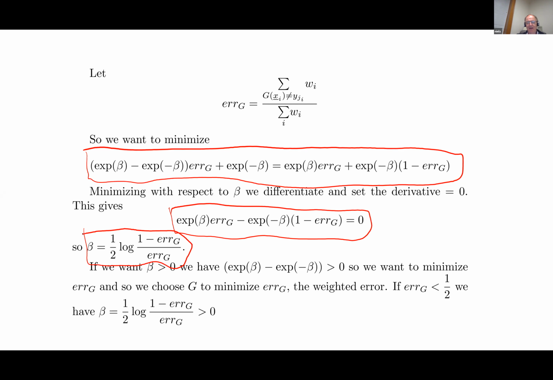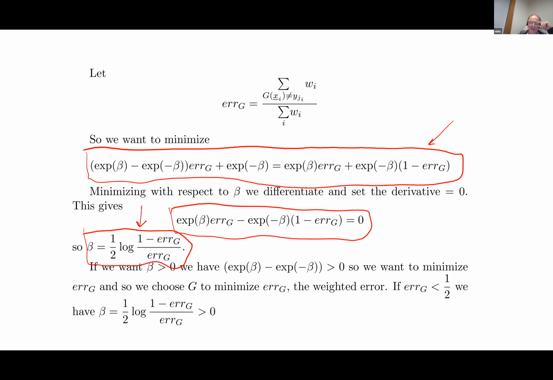That's simply what we get, the beta that minimizes this expression. So this expression here is the exponential loss function. So what we get by adding this term beta times g, then we should take a beta equal to this expression here.